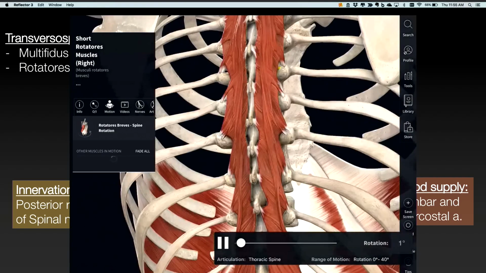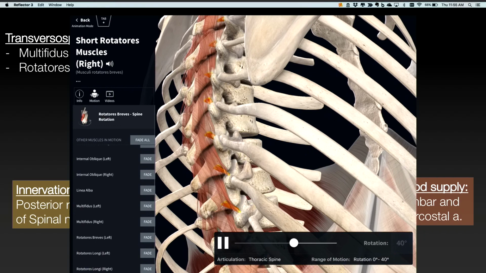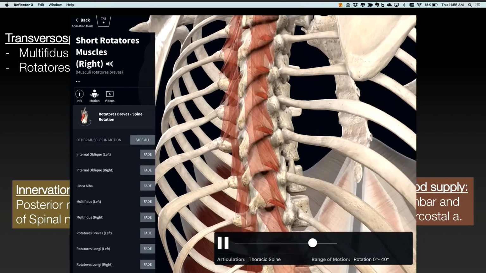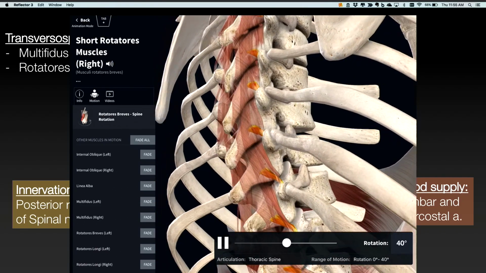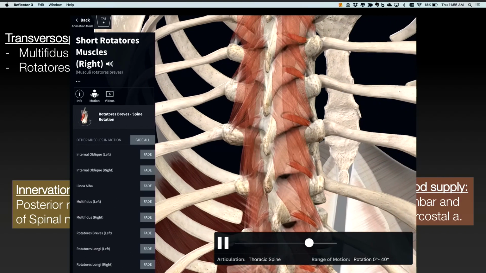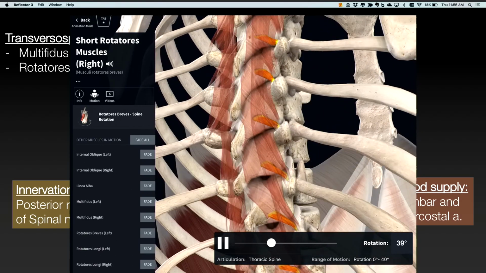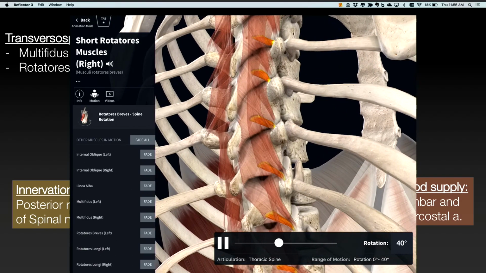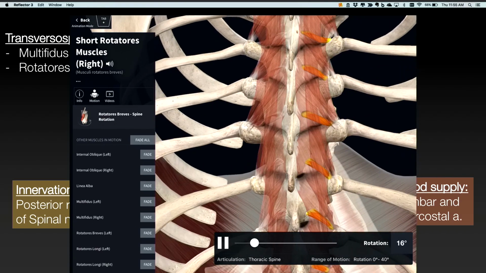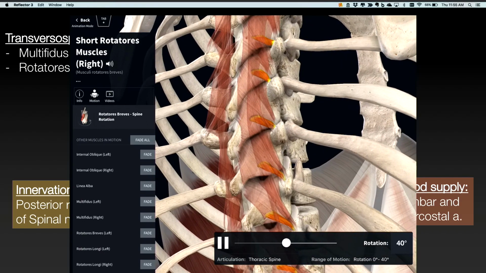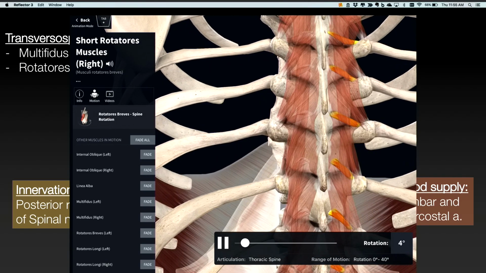Now these are very small muscles. So even though, let's get rid of all. So you can see them hidden very deep within those deep back muscles, just highlighted barely upon rotation. They're very small, so they don't provide a lot of force. They don't do a lot of rotating themselves. They really monitor position of the spine and then send information back to the brain, which engages the larger movers, the larger rotators like multifidus, the supporting muscles of the deep back.